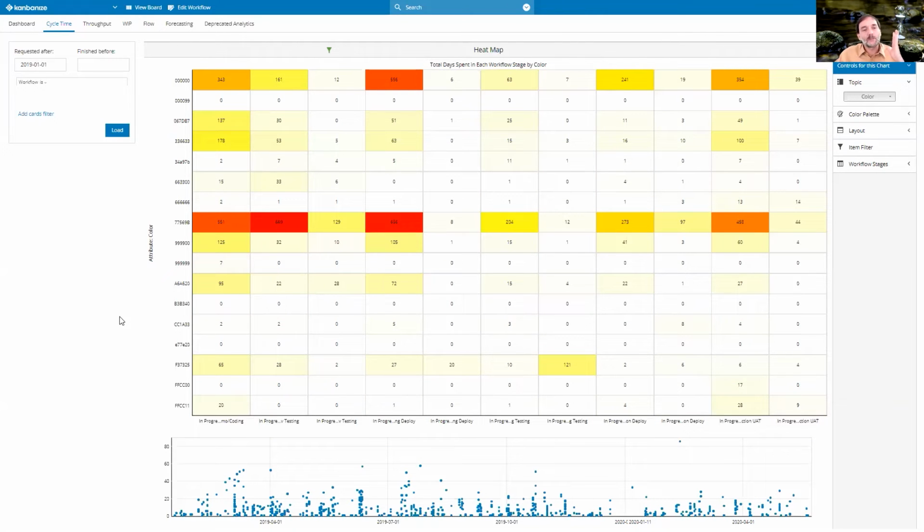This here is, for example, by person. I've anonymized it, but we can clearly see that there's one person, and that is actually the head tester, that is very much loaded. The other person we can see is the product owner. Again, we are waiting for deployment, but then also user acceptance testing is very high on both of these people as well.